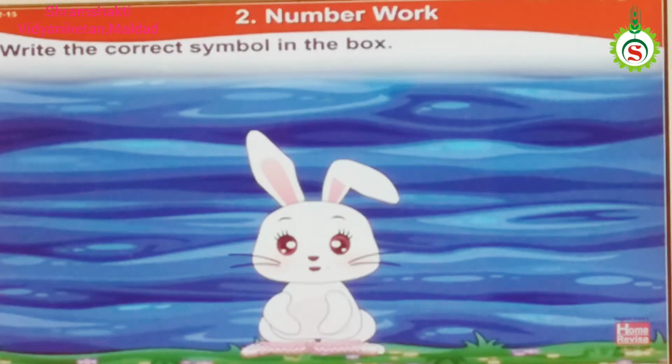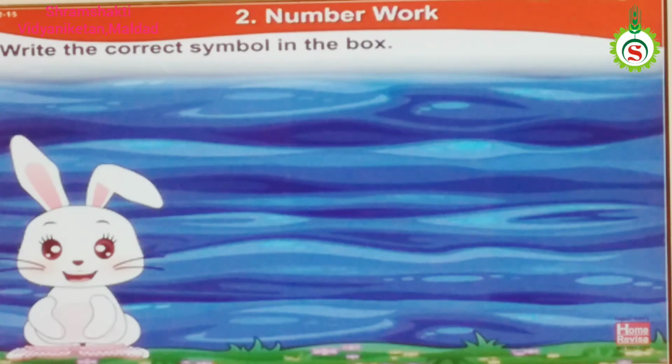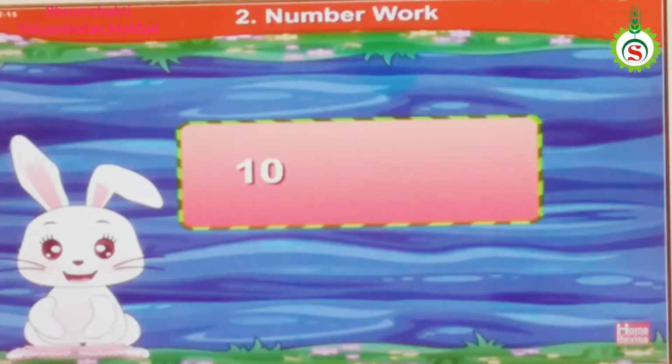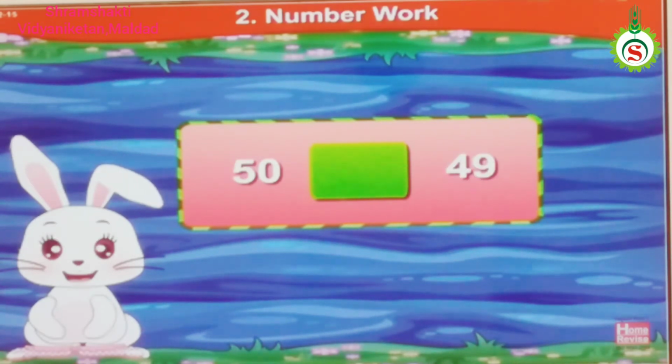Write the correct symbol in the box. Now let us try and solve some sums in order to make this concept even more clear. 10 box 9. Now 10 is greater than 9. So we put a symbol of greater like this. 50 box 49. 50 is greater than 49.